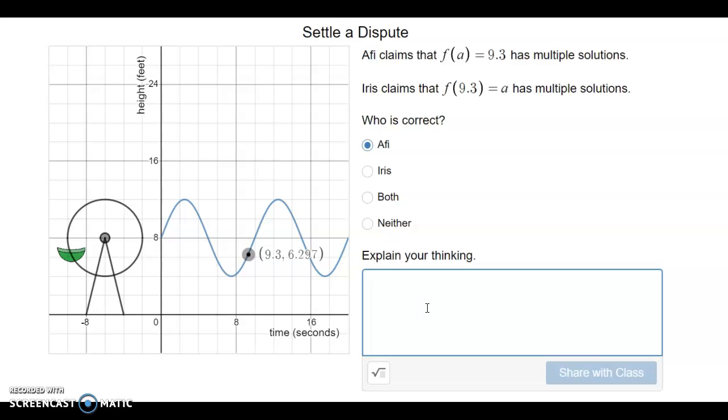because, and you could beforehand, if you wanted to put both or neither, there's no issue with this. Remember, we're just settling a dispute.